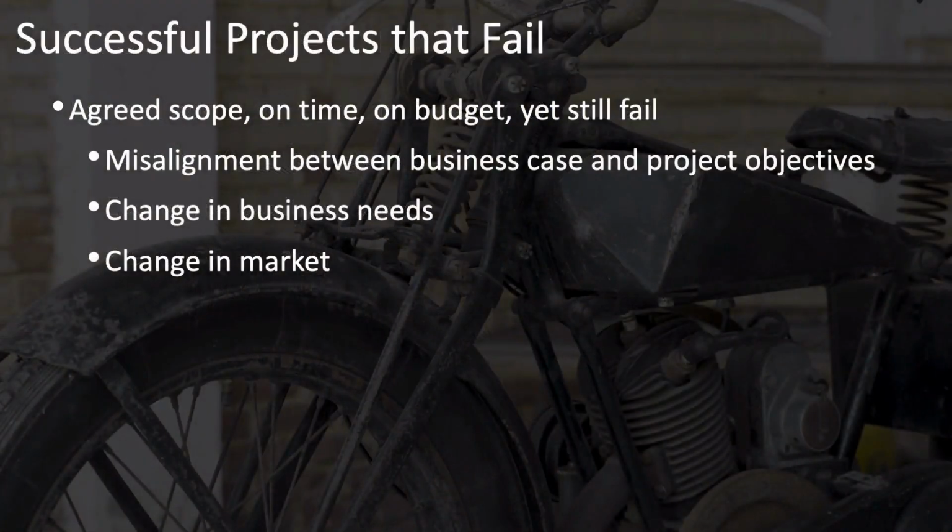There are many ways in which a project can be considered successful, at least in the old way, by measuring scope, time, and budget, and still be a failure. This could be because the project isn't properly aligned with the organization and the business case, or it could be because you fail to properly review the business case and the benefits management plan during the course of the project and fail to recognize that there has been a change in the business needs or a change in the market that would require you to change your project objectives as well.